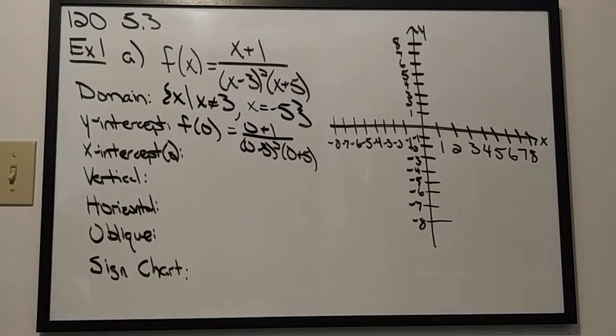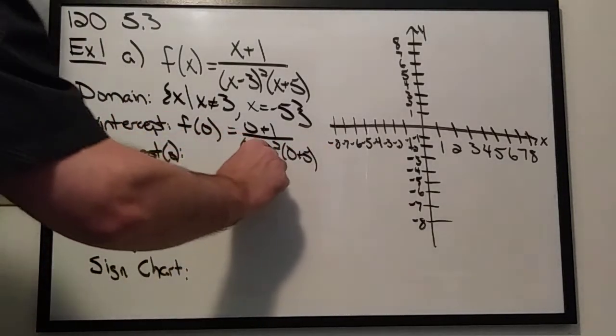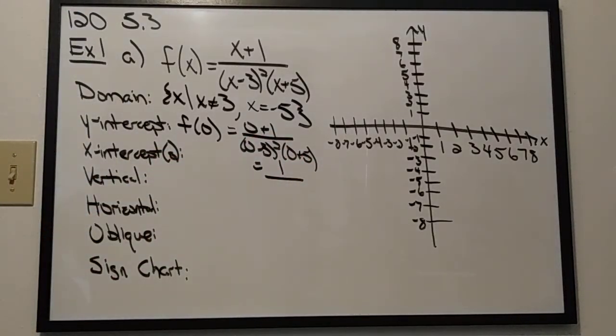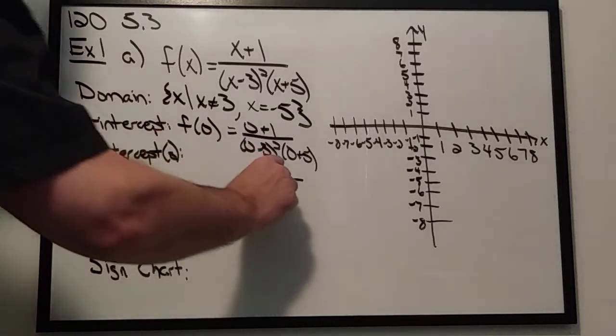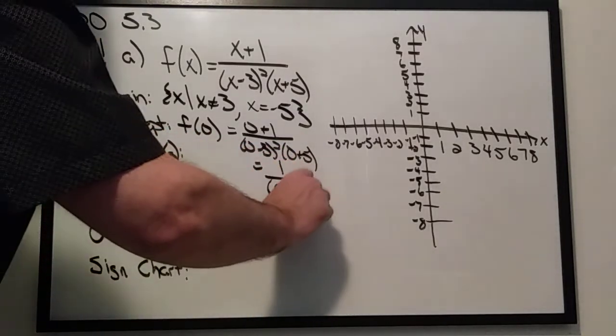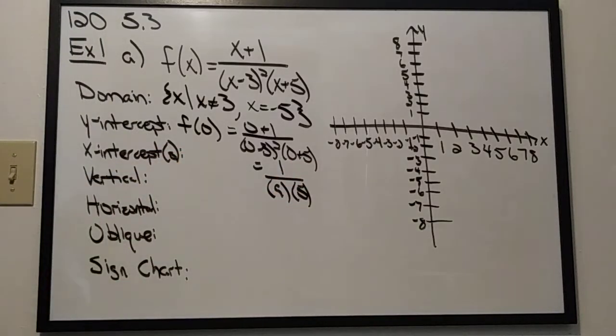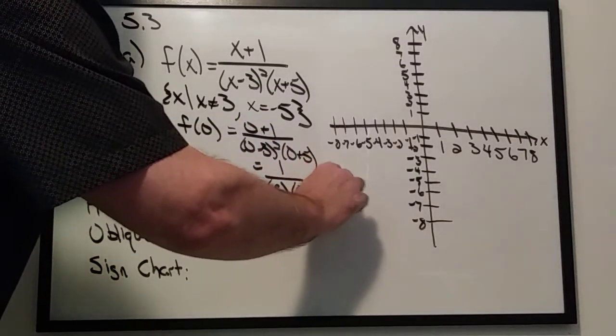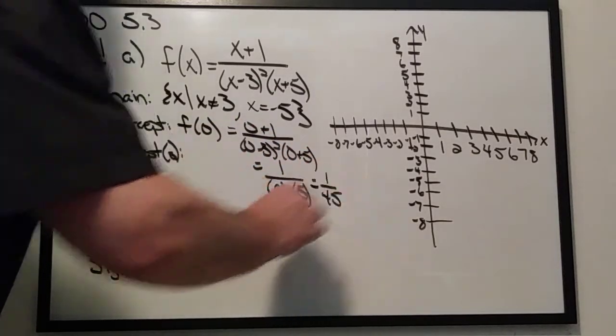Well, 0 plus 1 is 1, and then 0 minus 3 is a negative 3. If I square that, I'm going to have 9. And then 0 plus 5 is 5. So that means then that I have 1 divided by 9 times 5. 9 times 5 is 45. So this is 1 divided by 45.